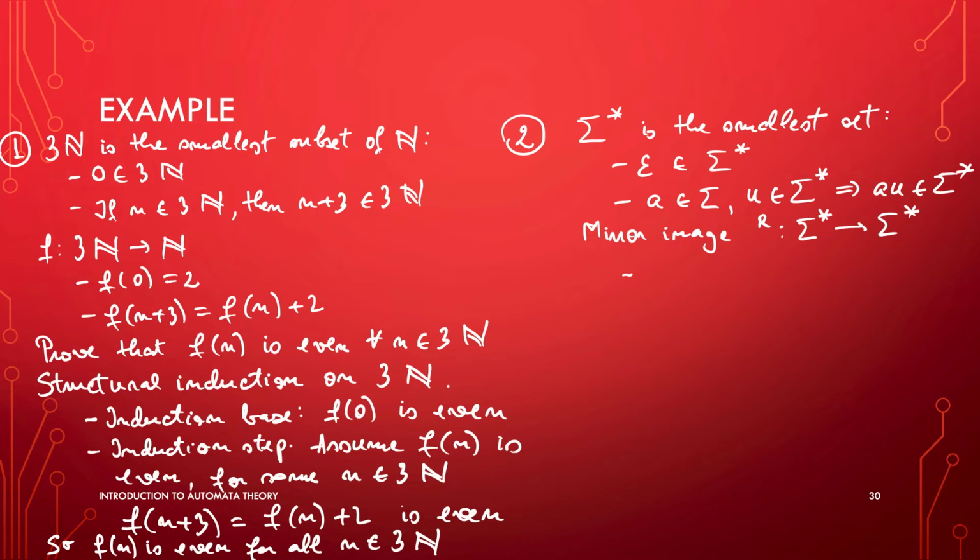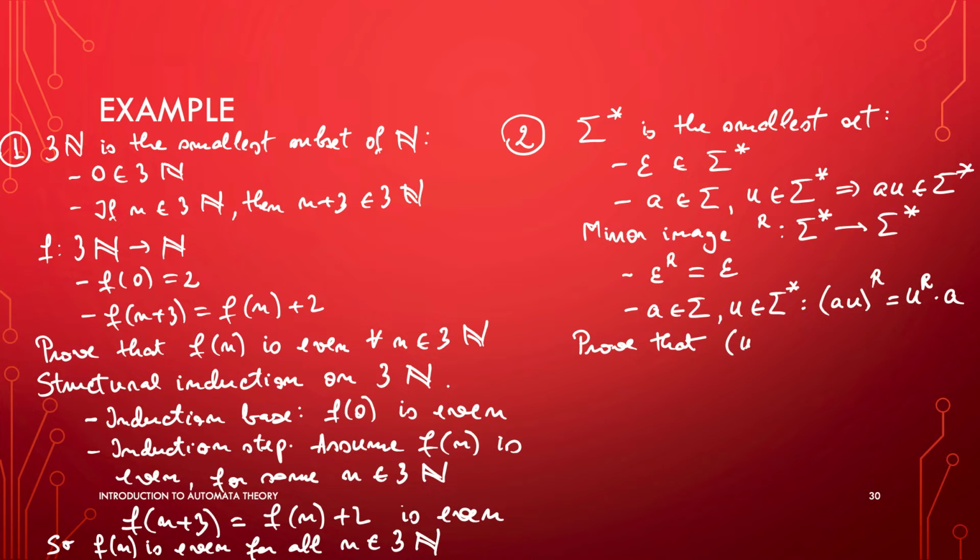The way this was defined was that the reverse of the empty word is the empty word, and then the reverse of such a composite word AU was defined to be the reverse of U times A. And what I want to prove here is that the mirror image of UV is the mirror image of V concatenated with the mirror image of U. And this is true for all U, V from sigma star.